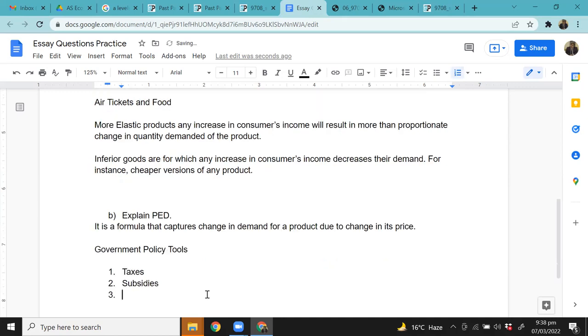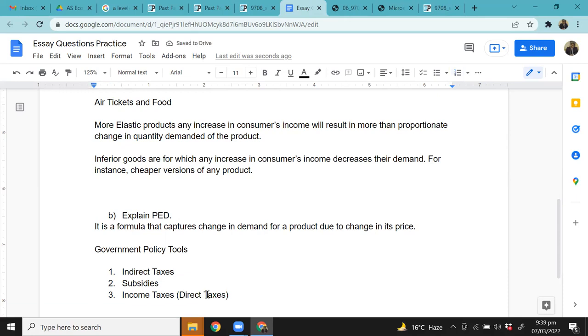Then what are the tools government frequently use? Income taxes, yes or no? What else? So generally indirect taxes. Let me be more specific here. Indirect taxes, and income taxes, which we know are direct taxes because they are directly on the income of individuals. So let's talk about these three. I think these are all they're talking about.